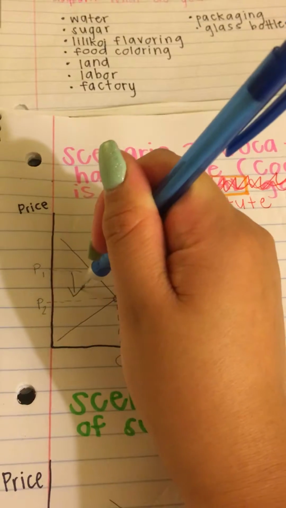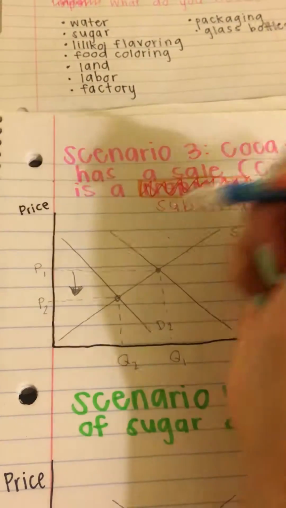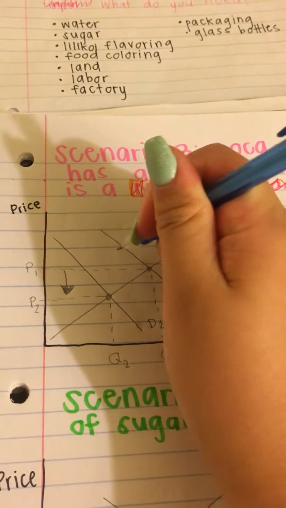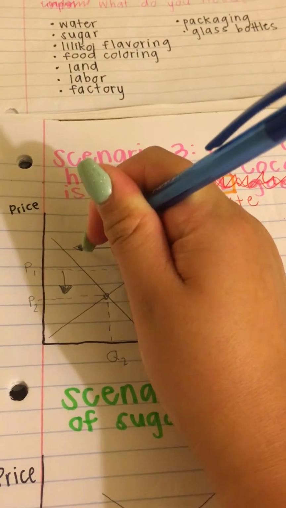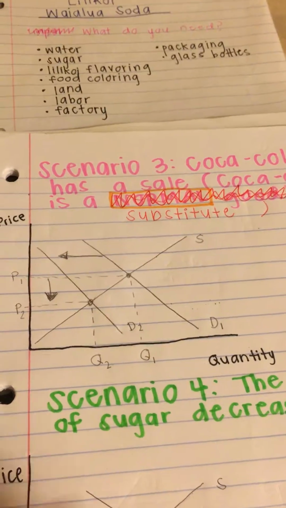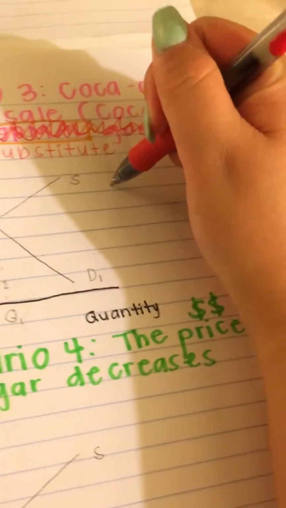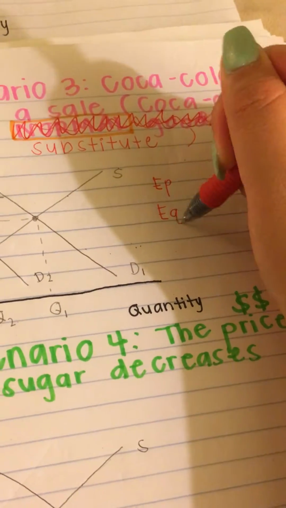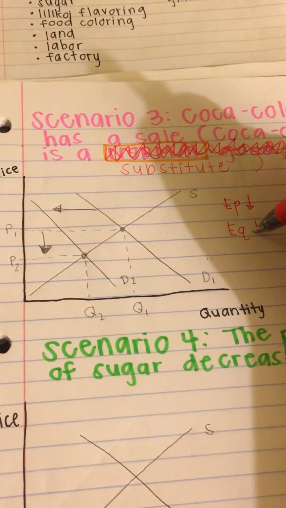So the price went down, and the demand shifted to the left. So now this one is both the equilibrium price and equilibrium quantity both went down.